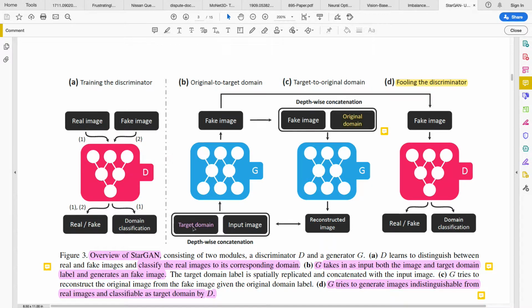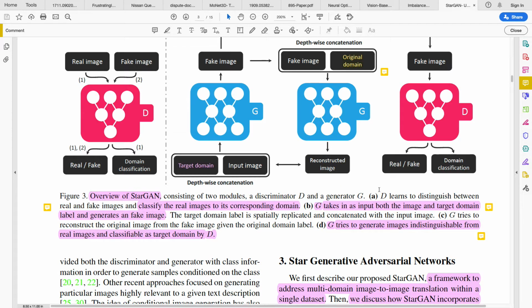We give it a face and we give it a label that indicates a 1 in the position of the vector of a sad face. Then when it generates a fake image, we now actually feed in the information of the original domain of the input image, which is maybe it is happy. And we feed it back into the generator to reconstruct back the image. And this is how the autoencoder works.